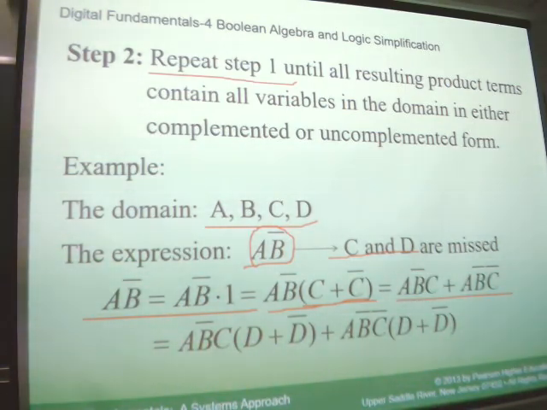Right? And then A, B bar, C equals A, B bar, C and D plus D bar. A, B bar, C bar equals A, B bar, C bar and D plus D bar.